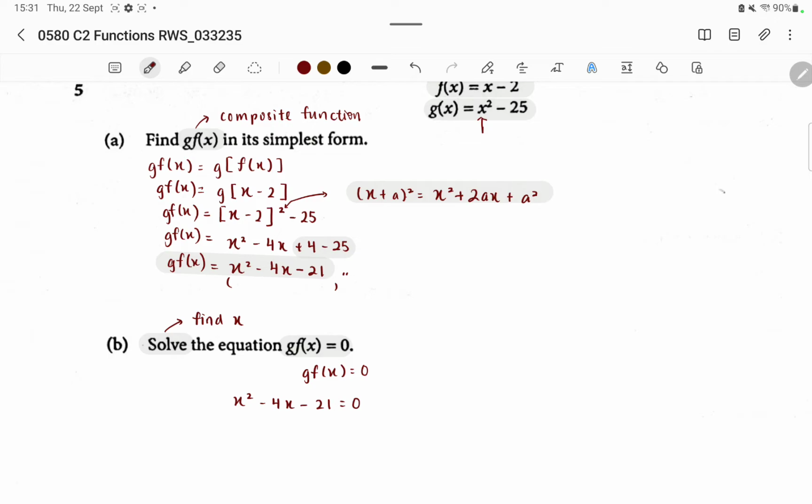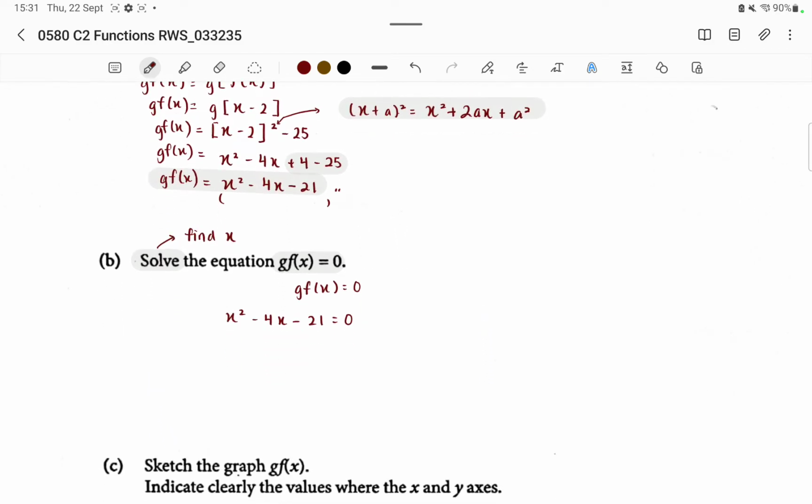Then you can press the calculator. In the end you should get x equals 7 or x equals negative 3.